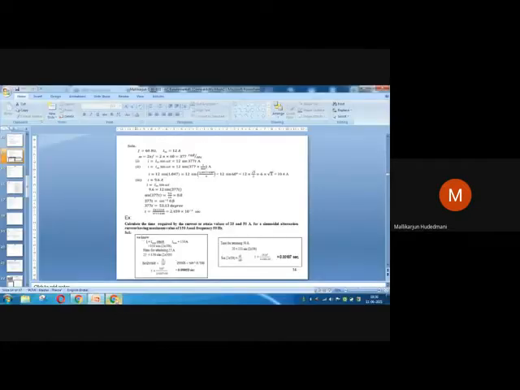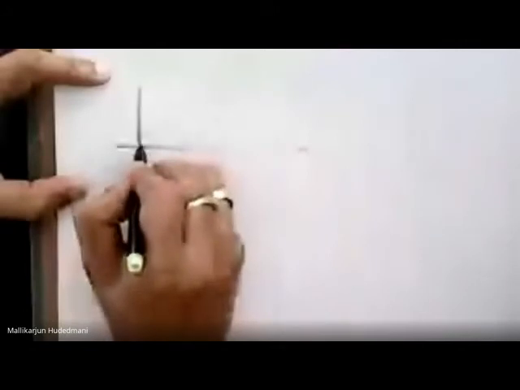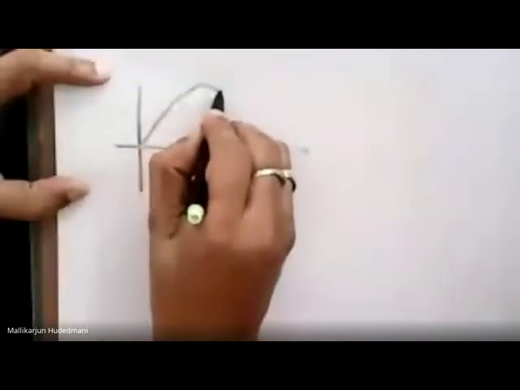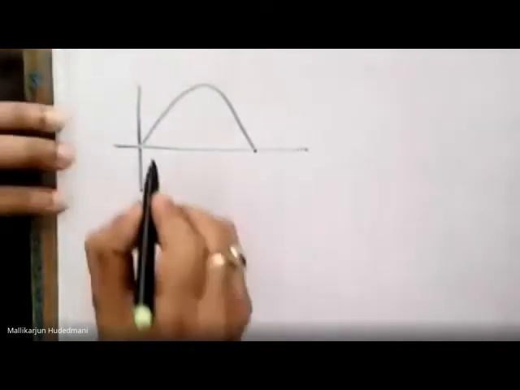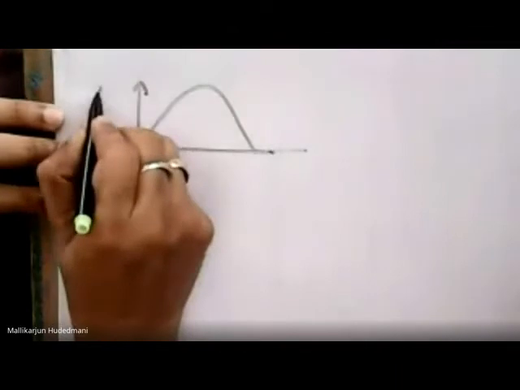Again, I will come back to the representation of the wave here. I will draw the wave again. I'll draw a wider one now, and only the first half I will draw. Okay. Now, this is ampere.